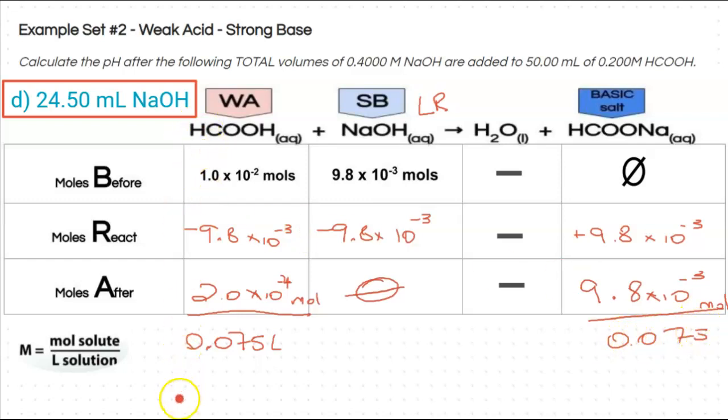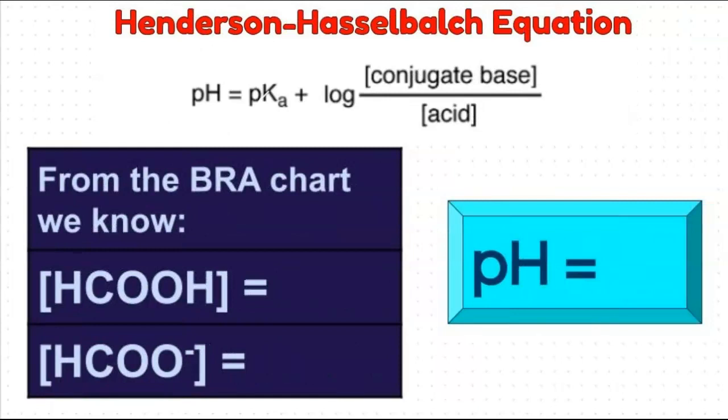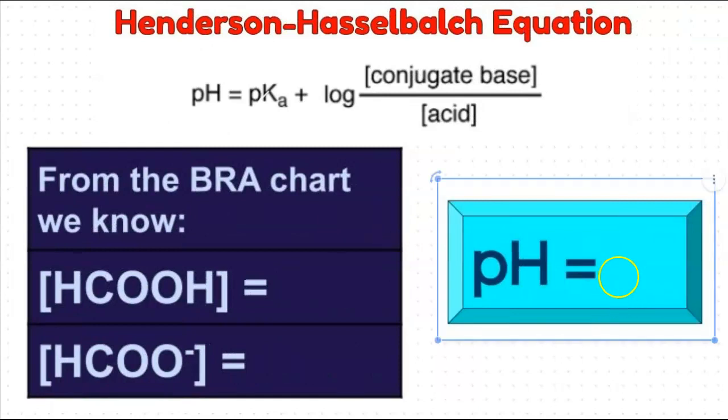My weak acid concentration is going to calculate to be 2.68 times 10 to the negative third. And my conjugate base concentration is going to be 0.132. You could plug those into an ICE chart again, or you can plug them into Henderson-Hasselbalch.